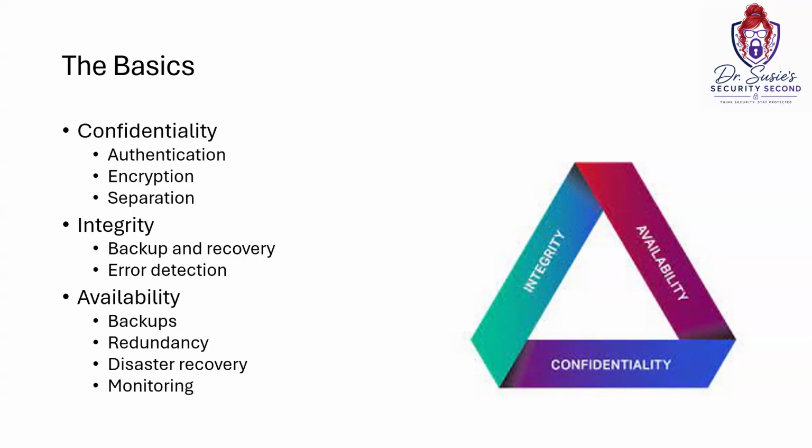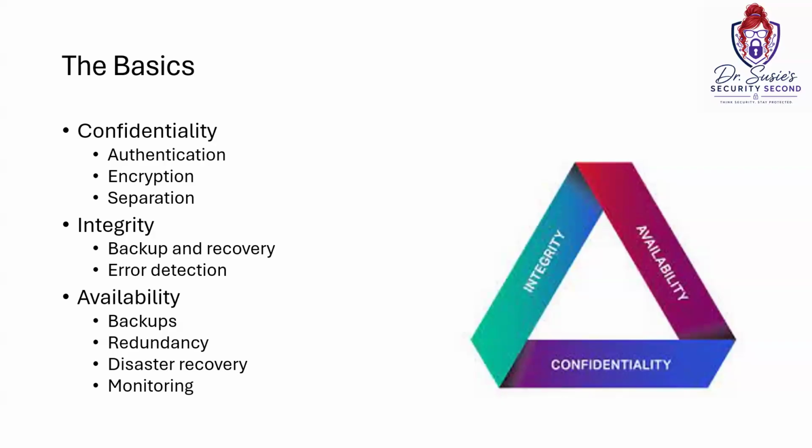Encryption is another one, and this is using algorithms to make sure the information is not readable without the proper keys to decrypt that information. And then separation and isolation means putting barriers in place that have to be passed before you can gain access to that information. So those are controls we can put in place for confidentiality.